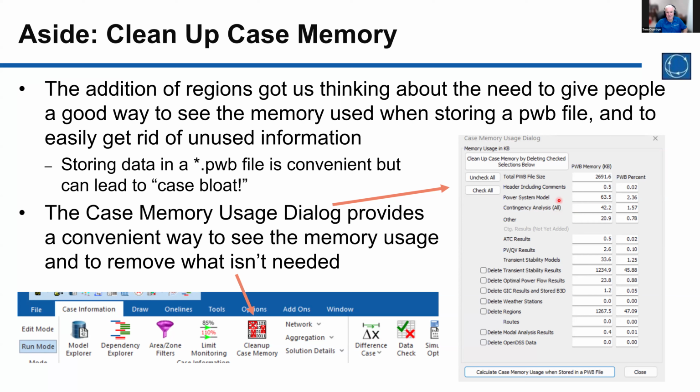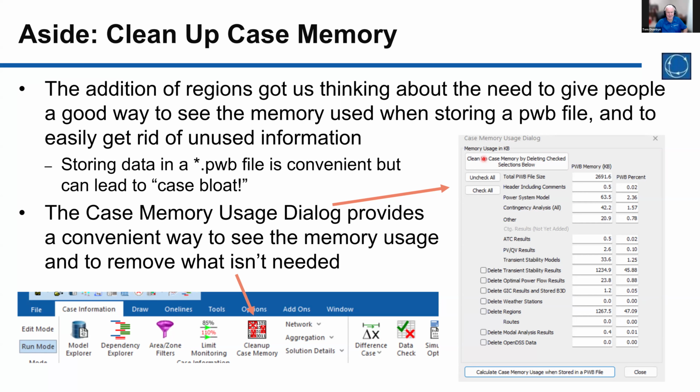So if I wanted to, I would just go down and check delete transient stability results. I guess that's all I'd get rid of here. Maybe some optimal power flow results. I'd check that. And then I can just click this cleanup case memory, and it will delete that memory next time. It doesn't delete the usage in the actual case.